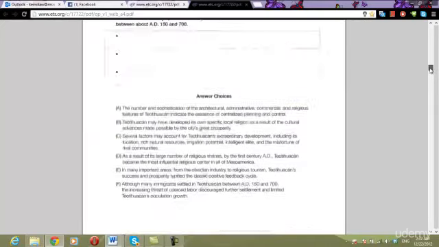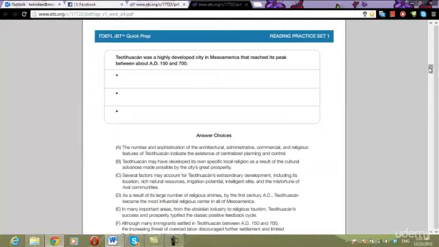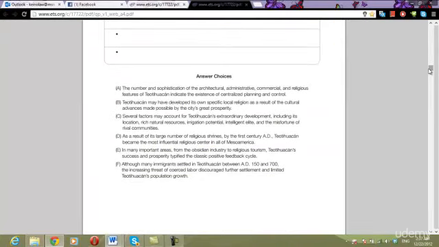And then we have our last question, which is our summary question. With a summary question, we know that correct answer choices will be summaries of different paragraphs, and the wrong answer choices are details and facts.